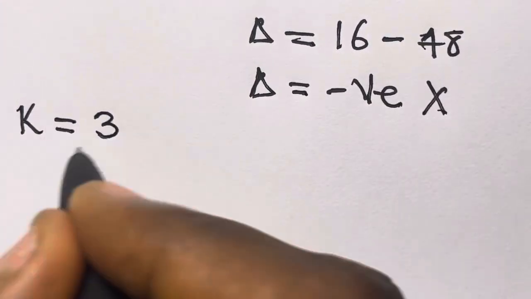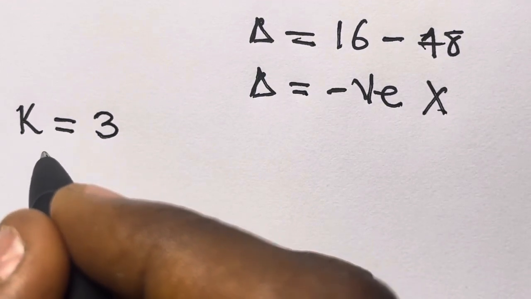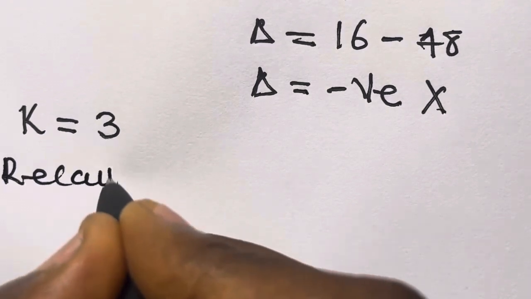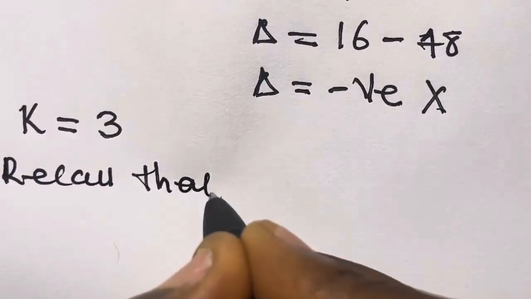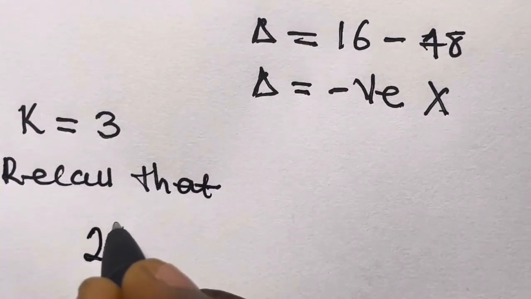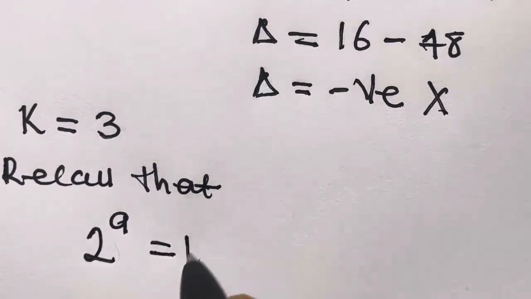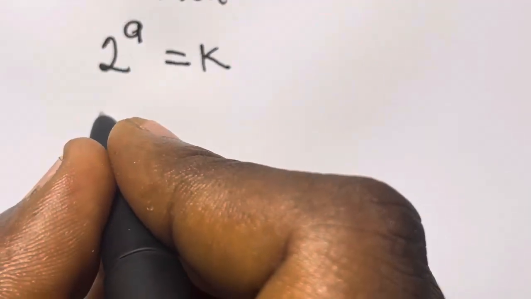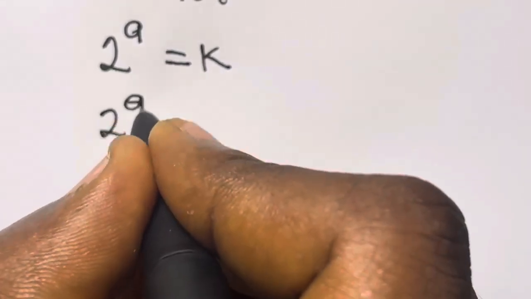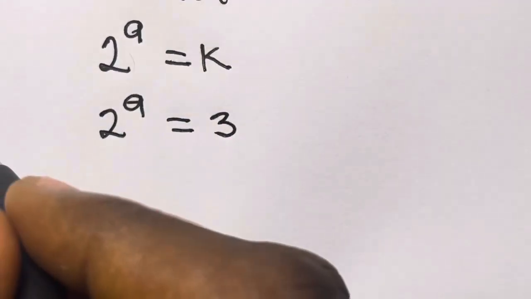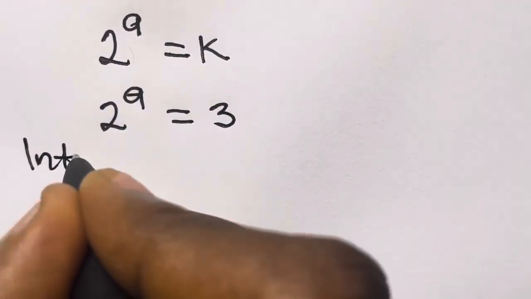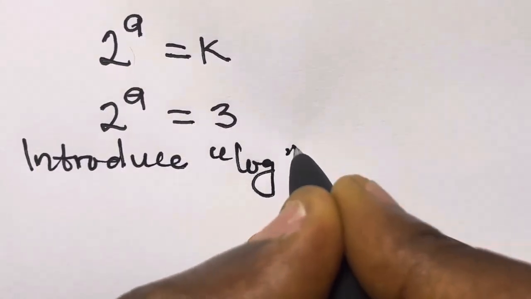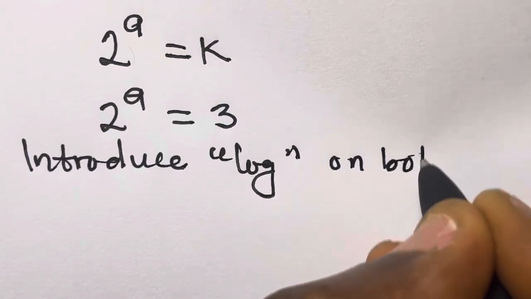But we are not asked to find k. We have to find a, and to do that, recall that 2 raised to power a equals k. So we have 2 raised to power a equals 3. Introduce log on both sides.